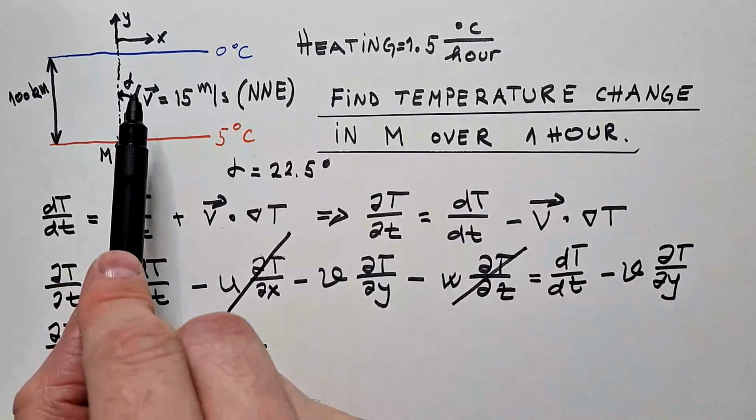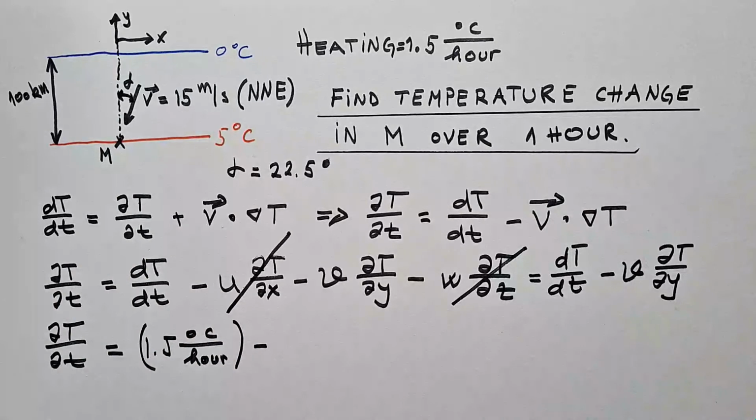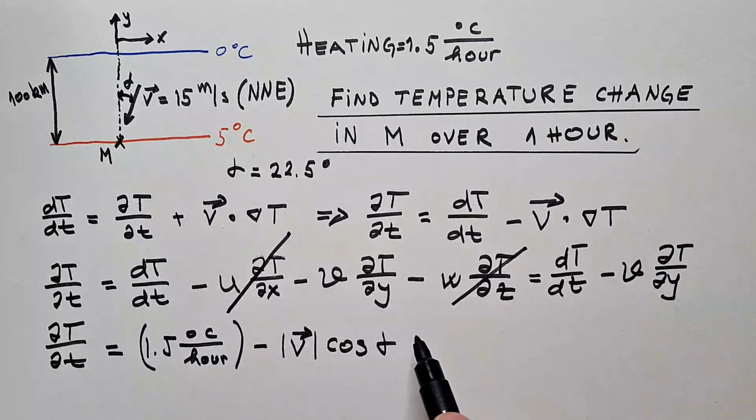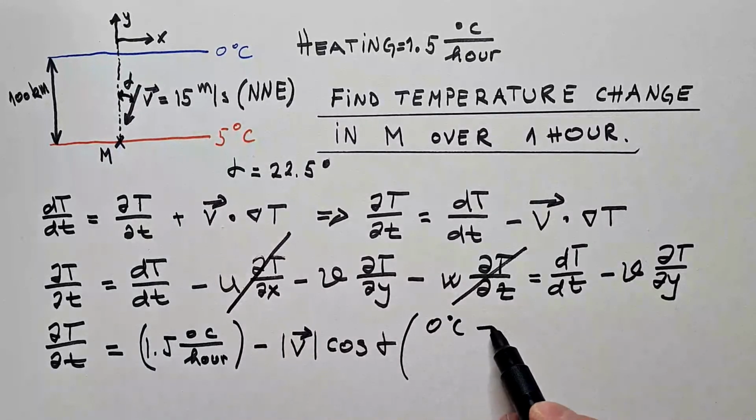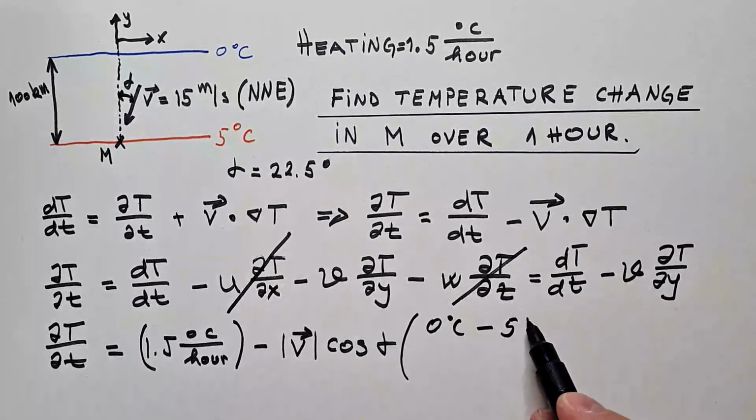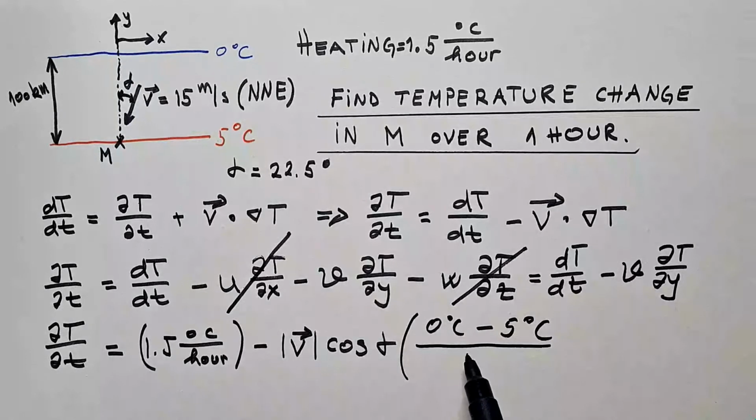Well, you can see that this northern component is simply the intensity of V times cosine of this angle alpha, times ∂T/∂y. But what is ∂T/∂y? Well, it is 0 degrees Celsius minus 5 degrees Celsius, so the change of temperature over 100 kilometers distance.